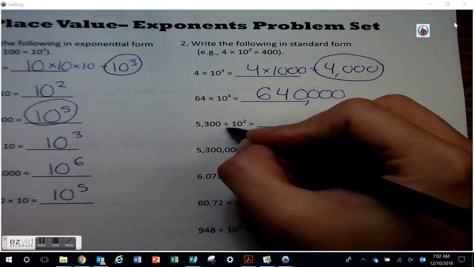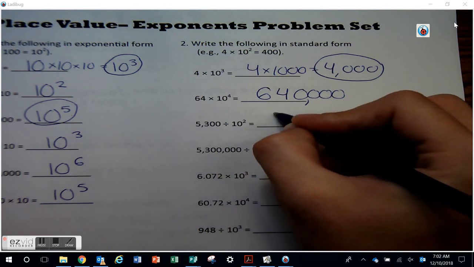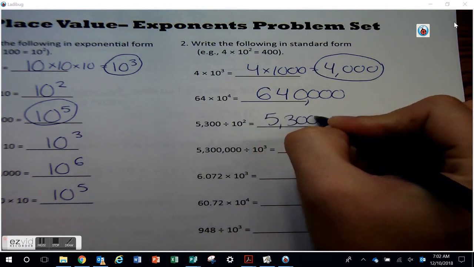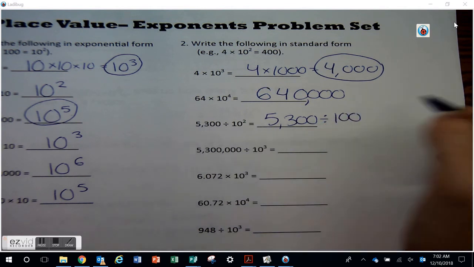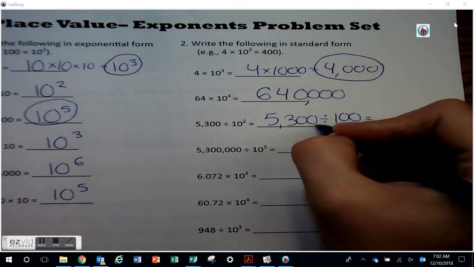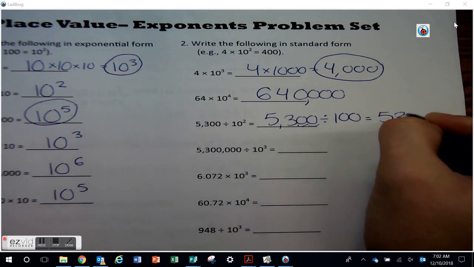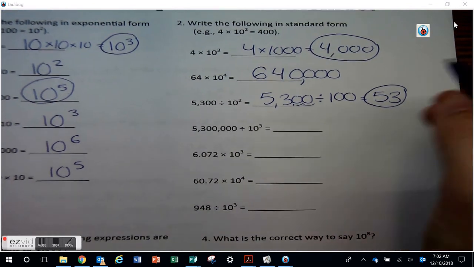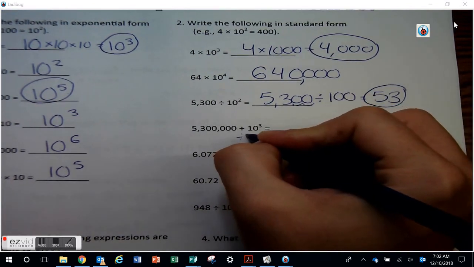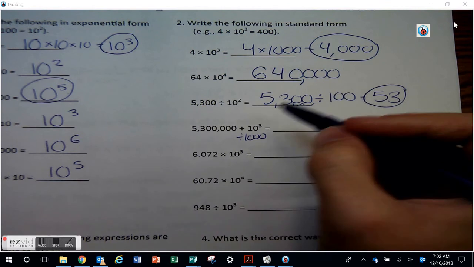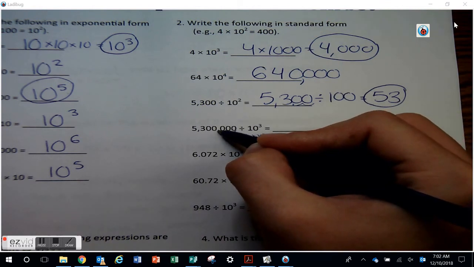That's going to mean it's going to get smaller. So this is 5,300 divided by 100. This is math we've done already though, guys. If I do that, I move my decimal 2 times to make it smaller, getting 53. Here I'm dividing by 1,000, which means I'm going to move 1, 2, 3 times.